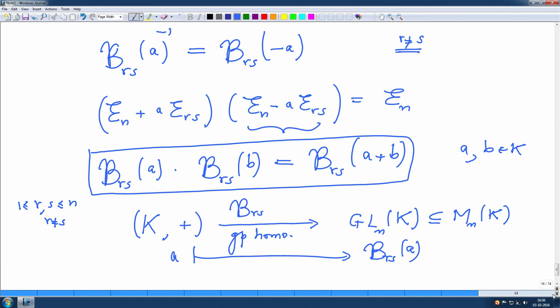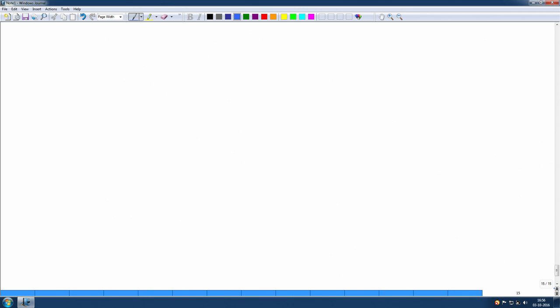Okay, now I want to check the following. This is at least once we have to check. If I multiply a given matrix A by B_rs(a) on the left side, it is like obtaining from A, when you go here, that is like changing the rth row of the matrix.